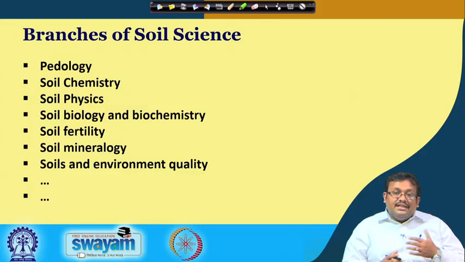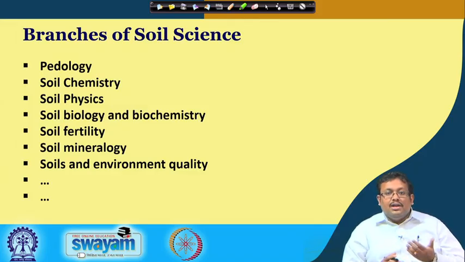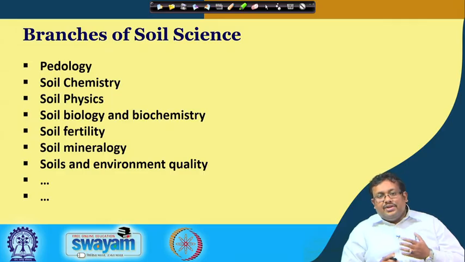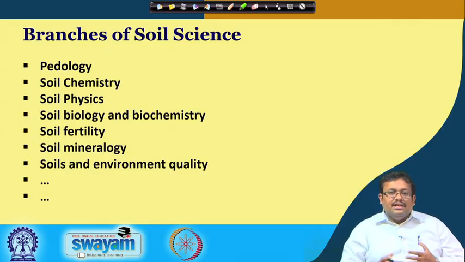Soil fertility basically deals with the fertility status of the soil, how soil is an important entity for sustaining the plant and how it supplies different nutrients to the plant. So, that is basically covered in soil fertility. Soil mineralogy basically deals with the different minerals and their structures and their characteristics.